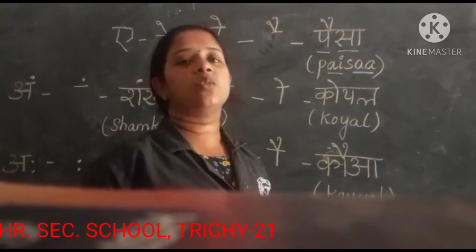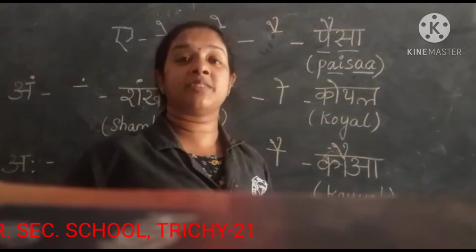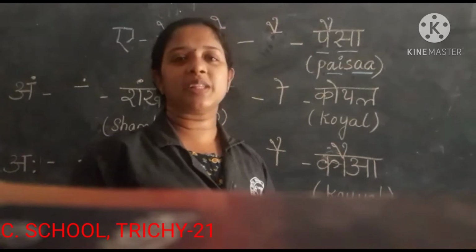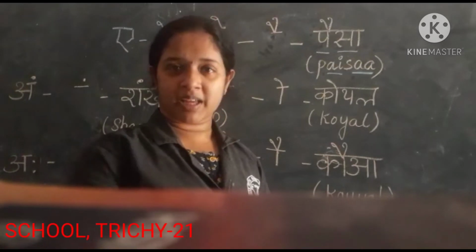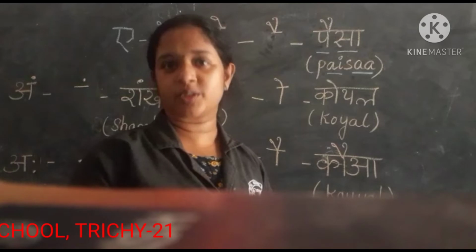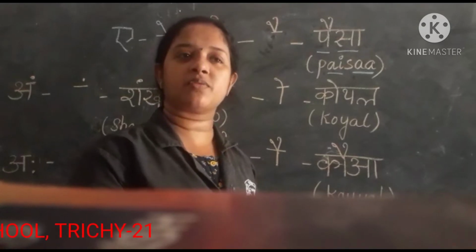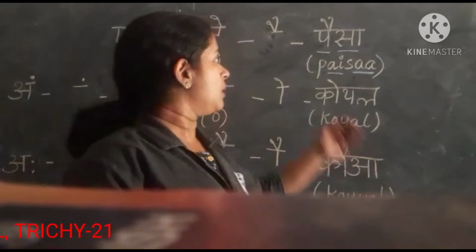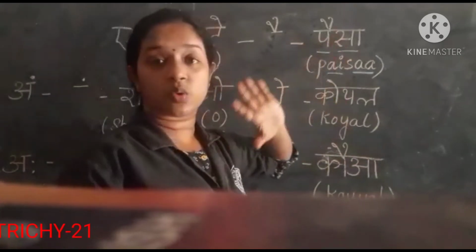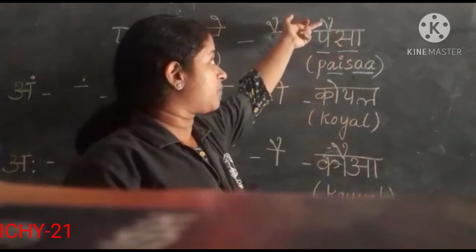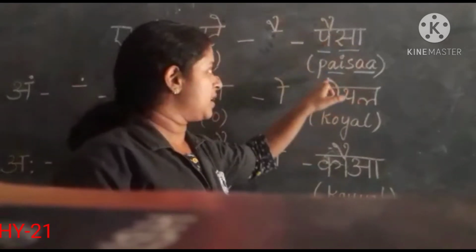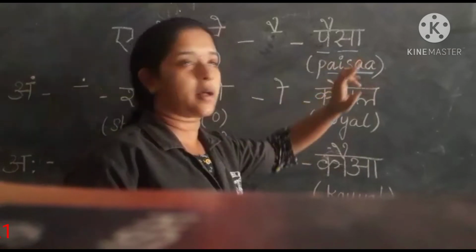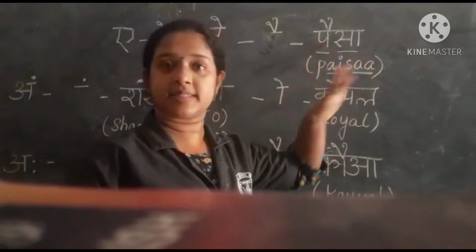Whenever you go to a shop, for any Hindi-speaking shopkeeper, you can tell them, I have given you 10 rupees. So in the place of rupees or money, you can say paisa also. In this word, two symbols are used: the symbol of I and the symbol of A. That's why I have underlined it with blue chalk. So this word is Paisa.